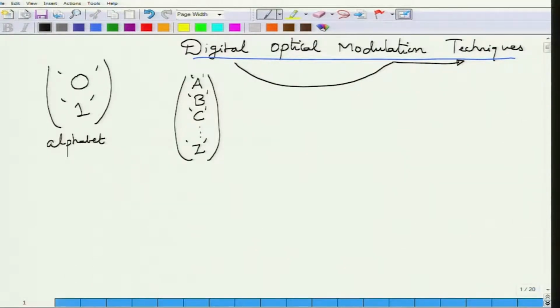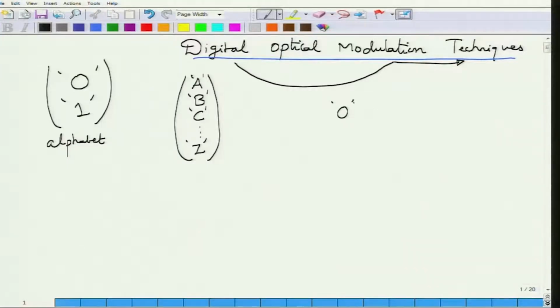So we will assume that our alphabet consists of 0 and 1, and whenever a transmitter communicates some information to the receiver, it will communicate by sending a sequence of such symbols 0 and 1. So for example, in some message the sequence of symbols might be 0, 1, 1, 0, 0 and so on, and let us say the last symbol is 0.